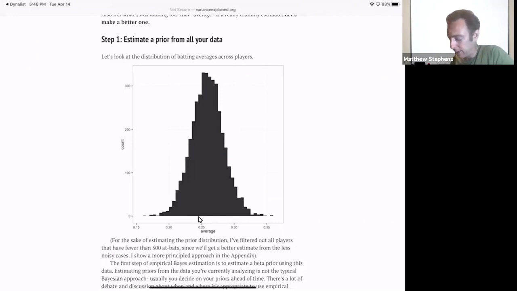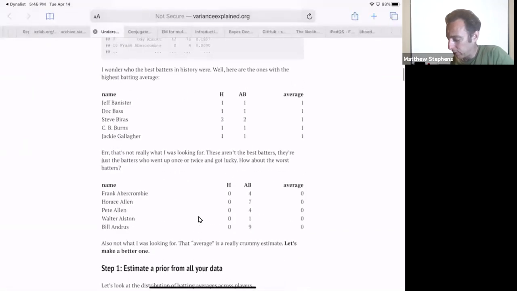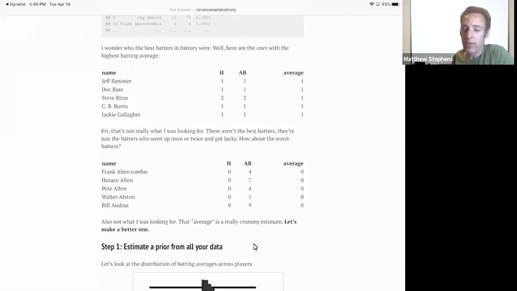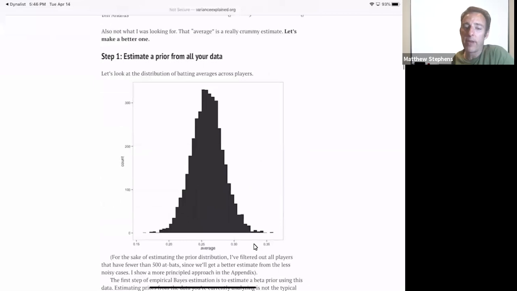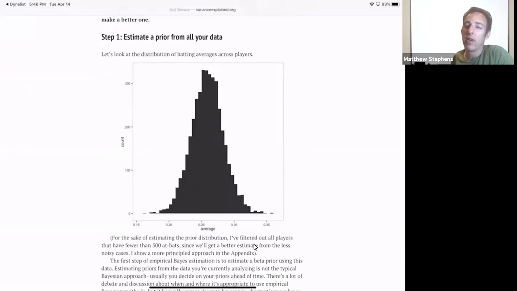So the intuition is that for individuals where we have relatively few at bats, we have very little data, and we would actually be better off just using this prior as an estimate of their batting average than using the maximum likelihood estimate based on very little data. So that's where we're going here.